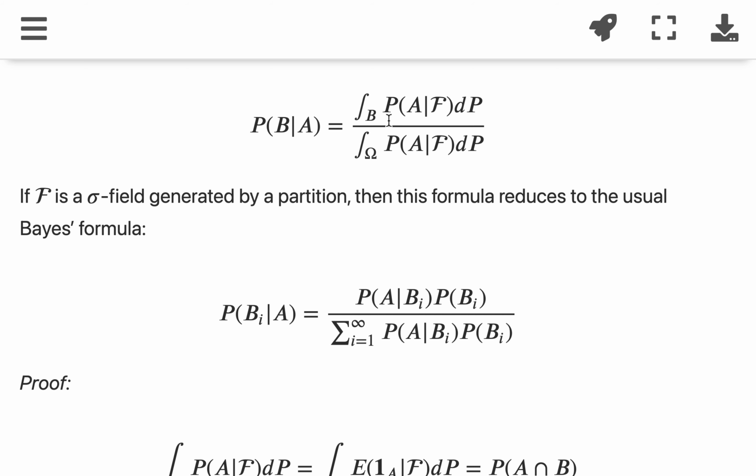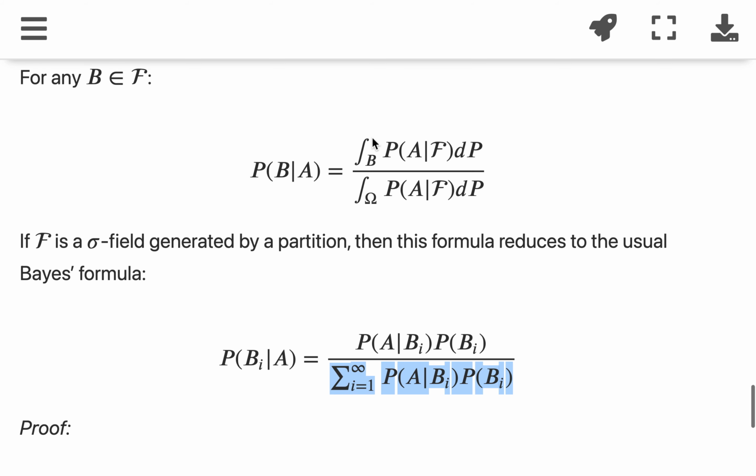This is very easy to prove because what we have here is just a constant times the probability of Bi, and the denominator is a partition of omega into the Bi's, and this will just become a summation of this form. So what we have to prove is this one.